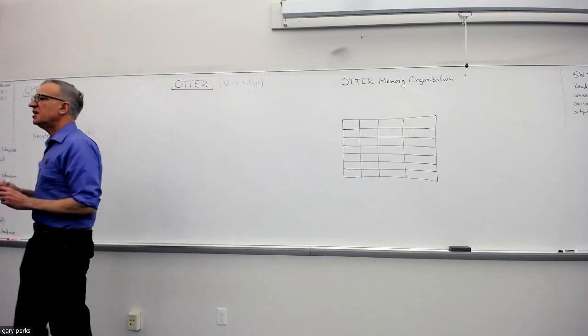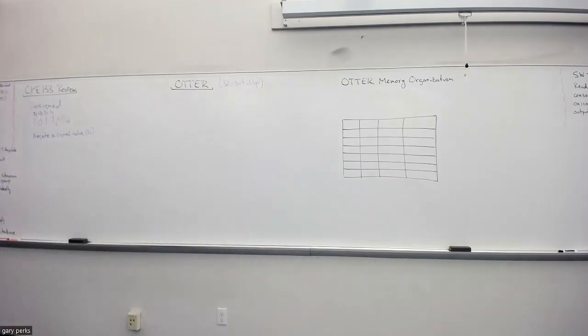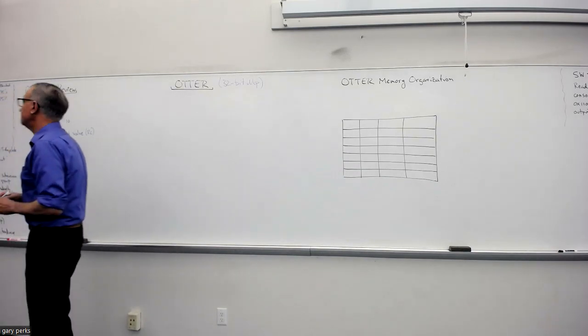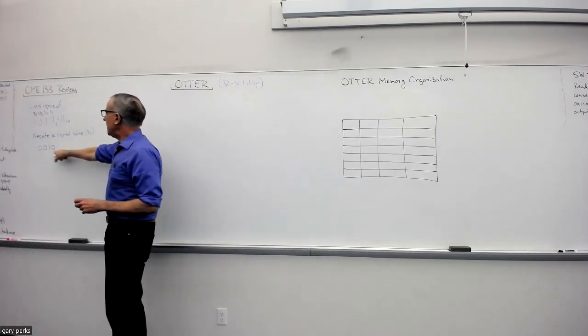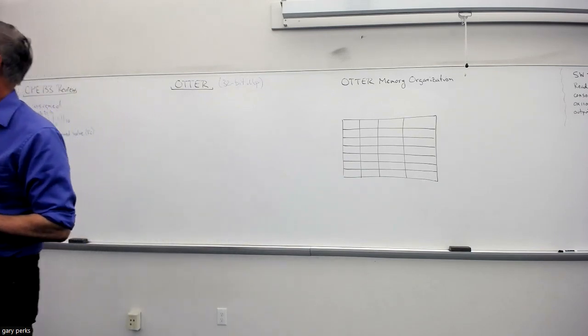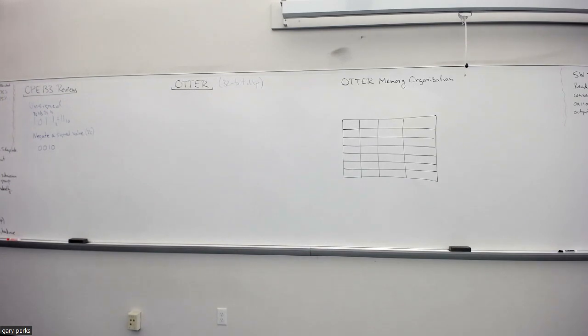Every time I say signed in this class, I mean two's complement. Let's say I have a 4-bit binary 2, and I want to negate that. How do you negate any signed binary number? I do the same process.